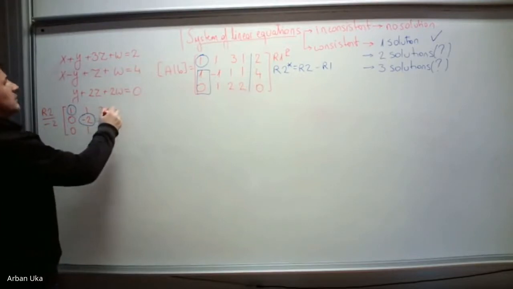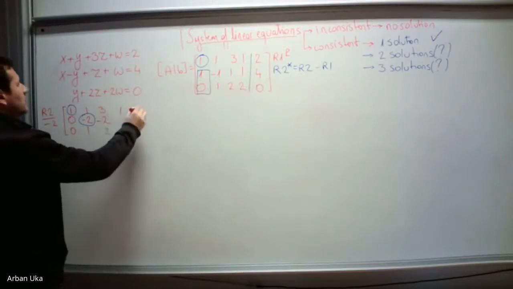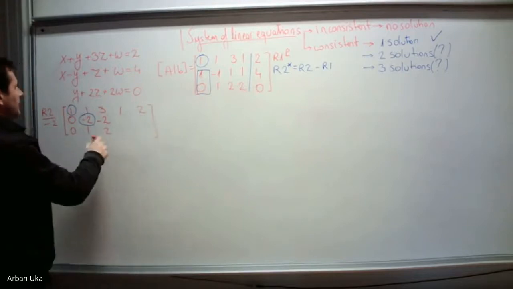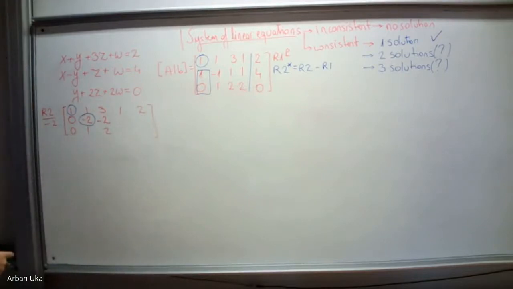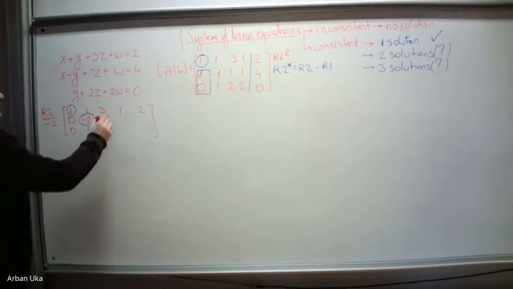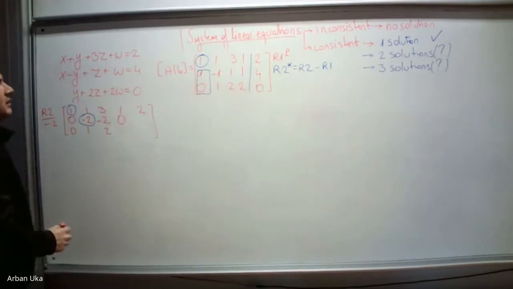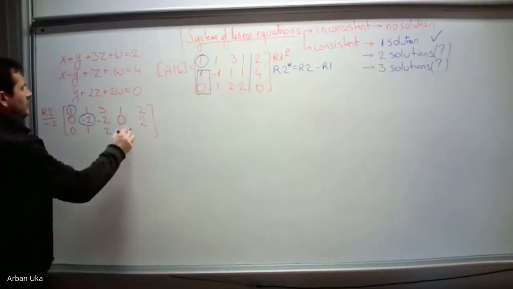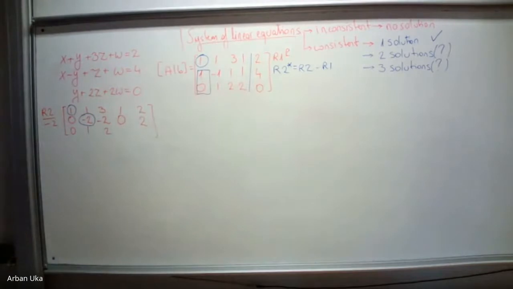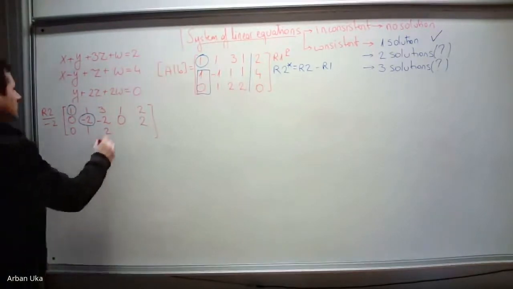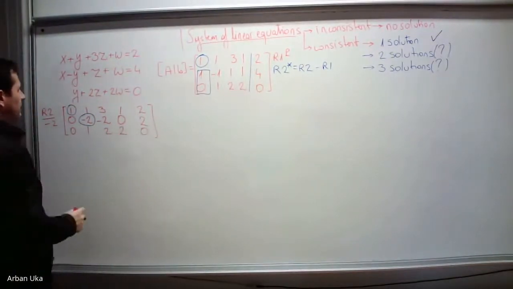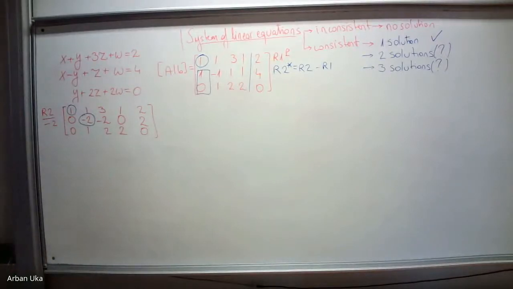And then here we have 1 minus 3 is minus 2, 1 minus 1 is 0, 4 minus 2 is 2. I missed the complete column. Then we have 0, 1, 2, 2, 0. Does this look better? Yes.